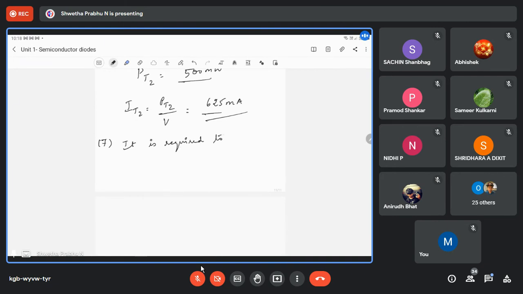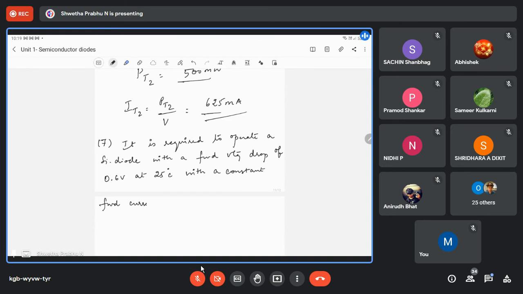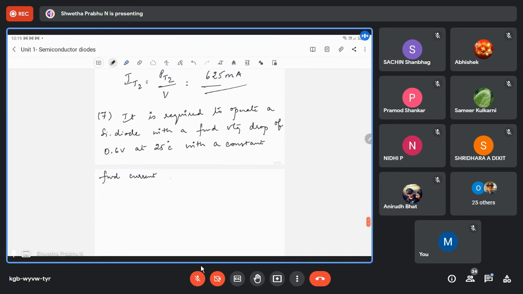It is required to operate a silicon diode with a forward voltage drop of 0.6 volts at 25 degrees centigrade with a constant forward current up to 100 degrees centigrade.